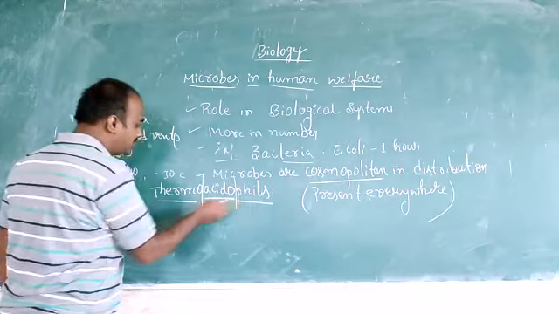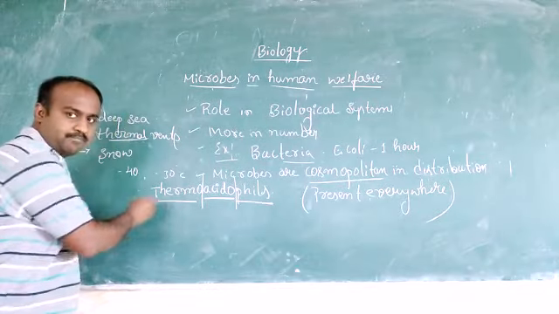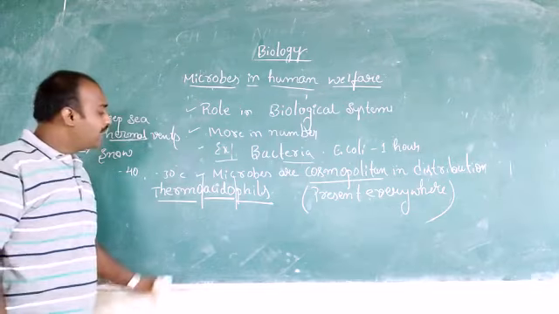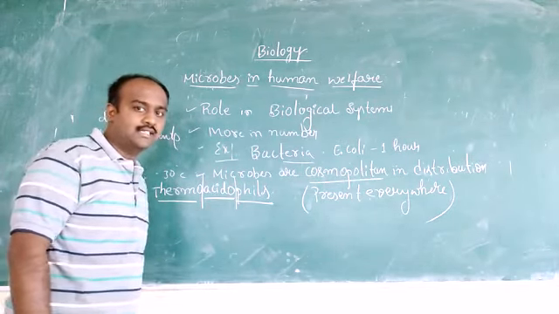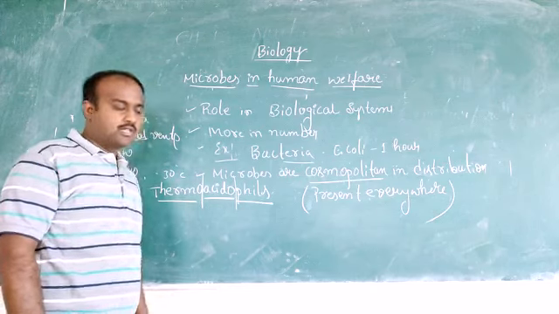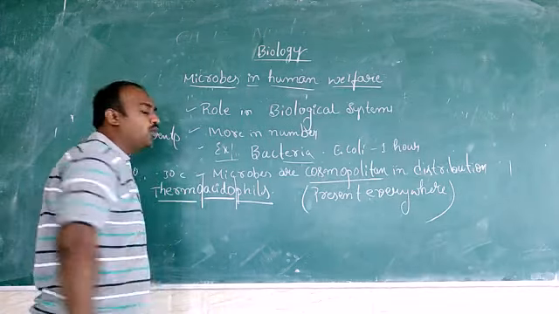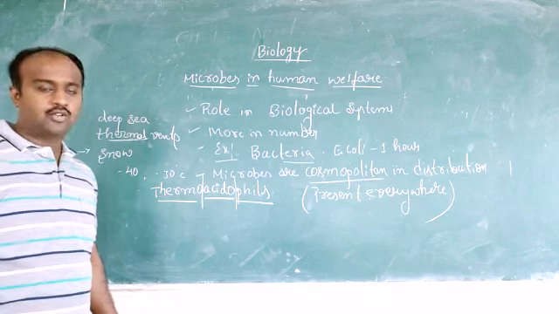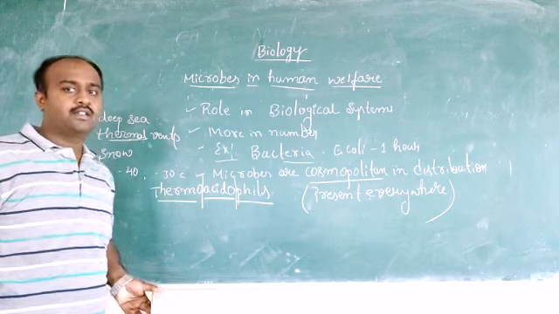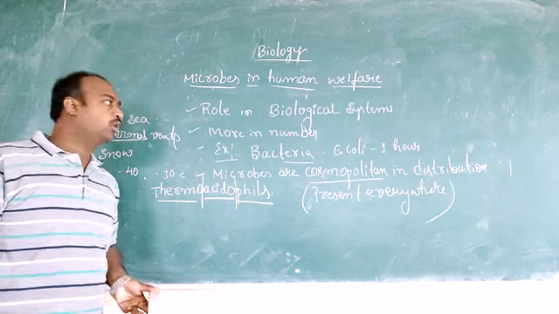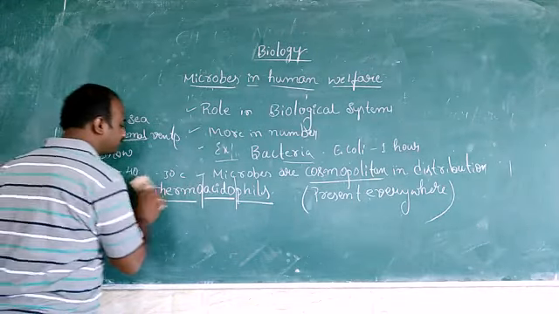Some microbes live in high temperature, whereas some microbes live in high acid concentration also. Those are known as thermoacidophils. This is a small introduction of microbes. After that we move on with the next concept.